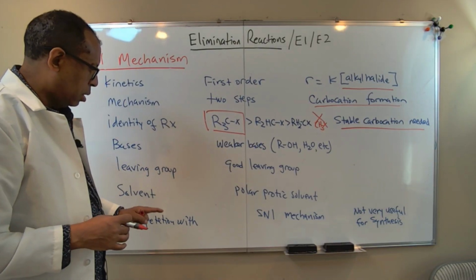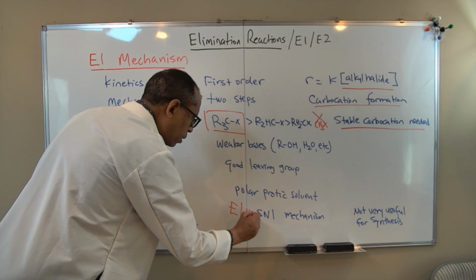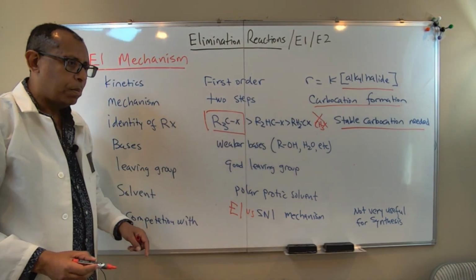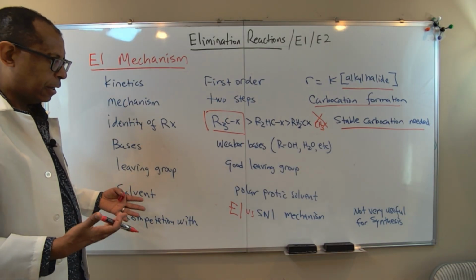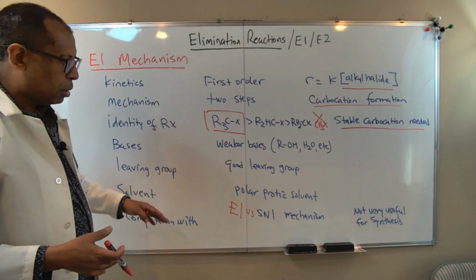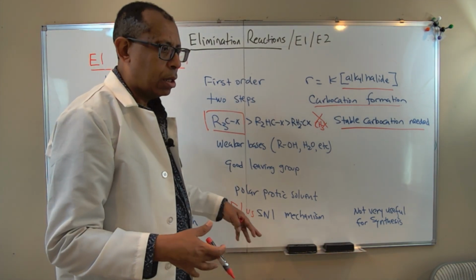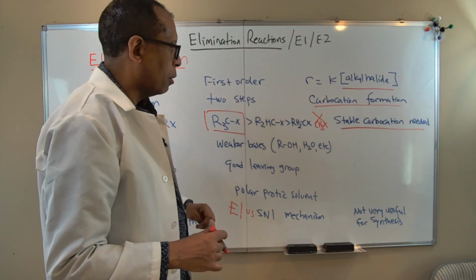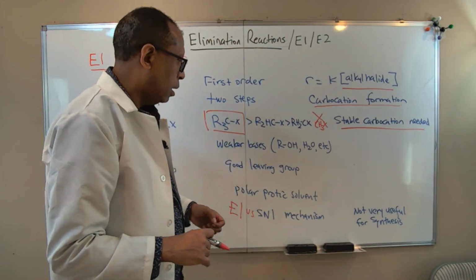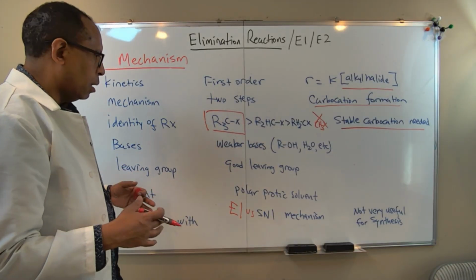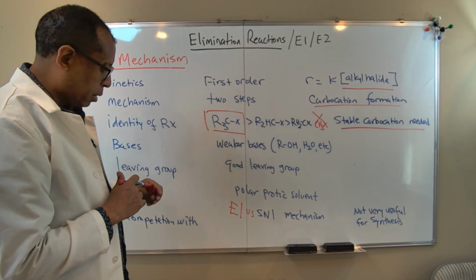So the competition is E1 versus SN1. That competition makes it produce several different products in the reaction mixture. That means you can have an E1 reaction and an SN1 reaction from the same substrate. Hence, it's not very useful to use an E1 mechanism in a meaningful way for a synthesis of a natural product.